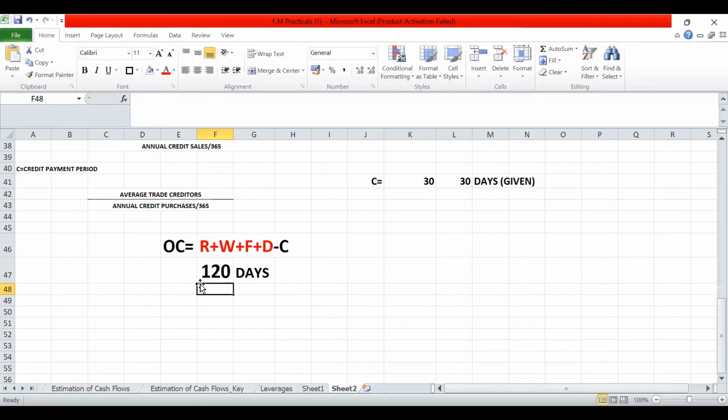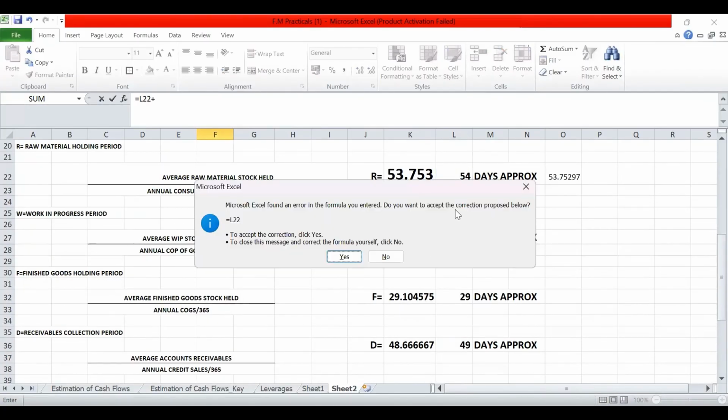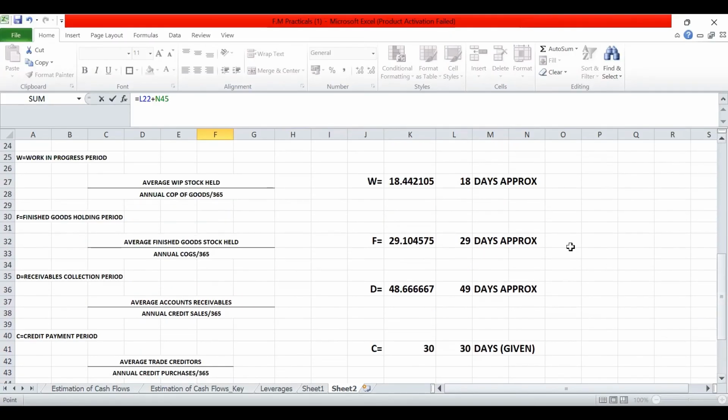If the question asks you about the gross operating cycle only, then your answer will be till R plus W plus F plus D. So if the question asks you about the gross operating cycle, your answer will be equal to R plus W plus F plus D and enter.